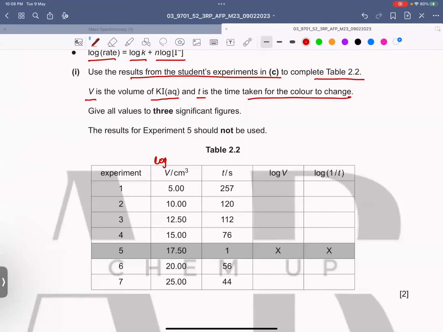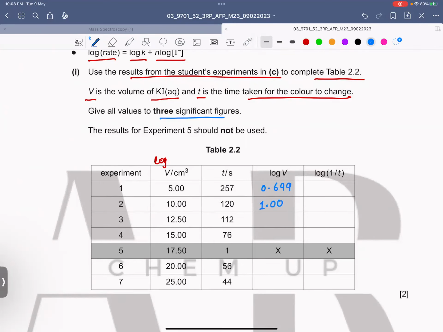Log V values: 0.699. Then 1. If the examiner says to write in 3 significant figures, you must write 1.00.